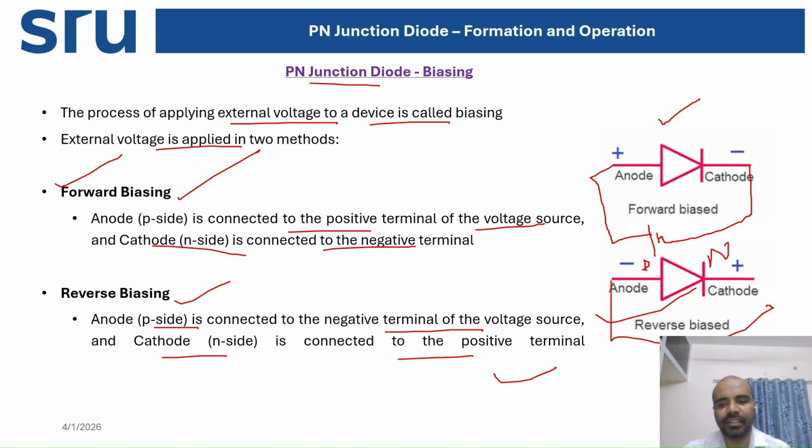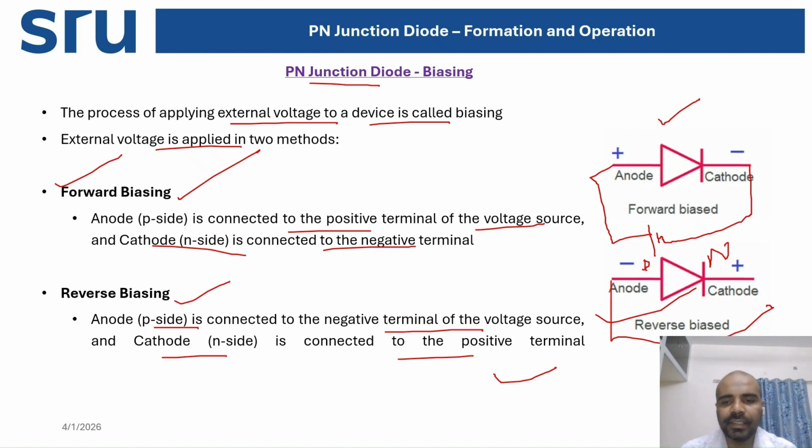In forward biasing, the P terminal or the anode of a PN junction diode is connected to the positive terminal of the voltage source or battery, and the N side or N region or the cathode is connected to the negative side of the battery or voltage source. Then it is called forward biasing.